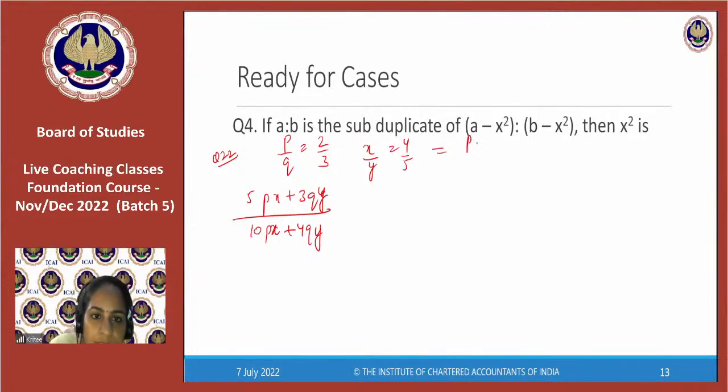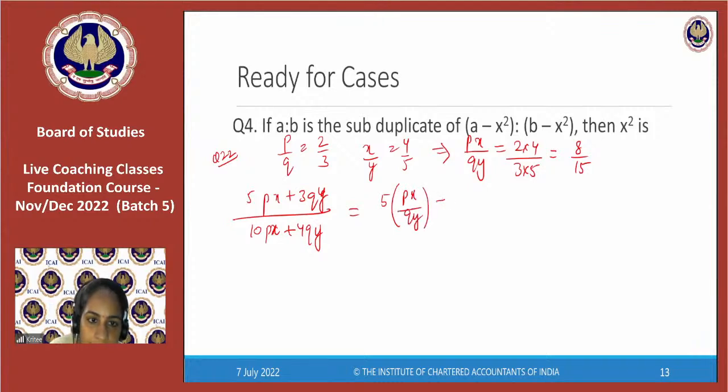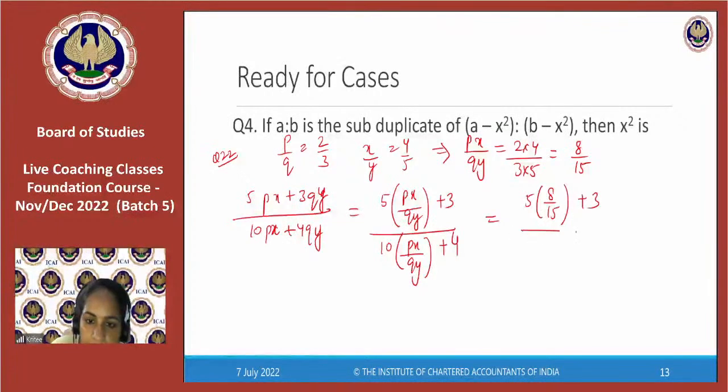Compound the ratios. Px by qy is equal to 2 into 4 upon 3 into 5, which is 8/15. So 5 into px by qy plus 3, upon 10 into px by qy plus 4. So 5 into 8/15 plus 3, upon 10 into 8/15 plus 4.